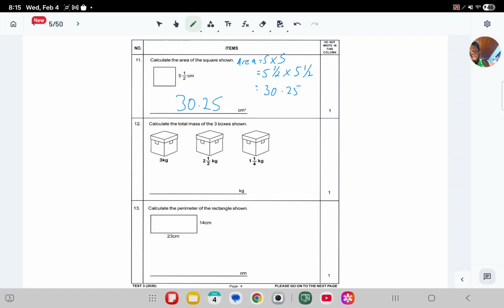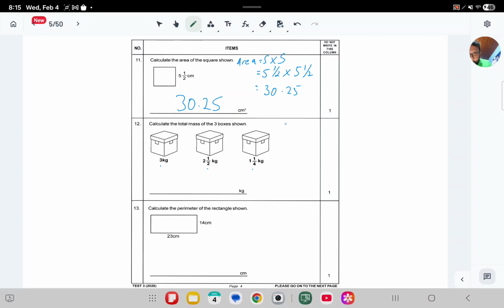Number 12, calculate the total mass of the 3 boxes shown. Kilograms, kilograms, kilograms. But we have whole number, mixed number, mixed number. Alright, very simple. We could either change these mixed numbers to decimals, or we could just add these together.